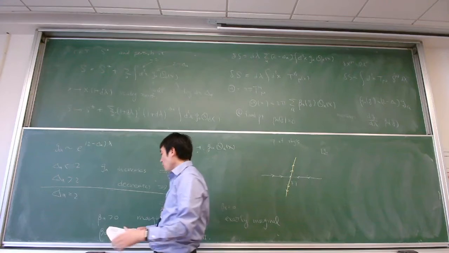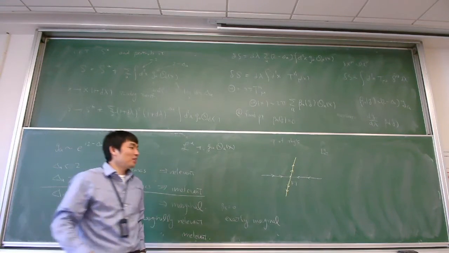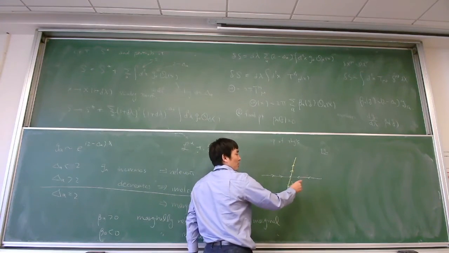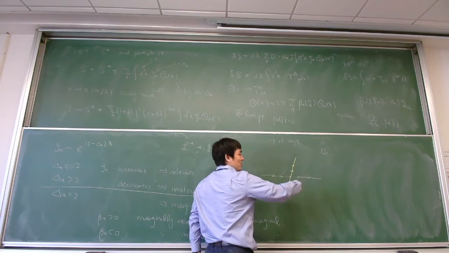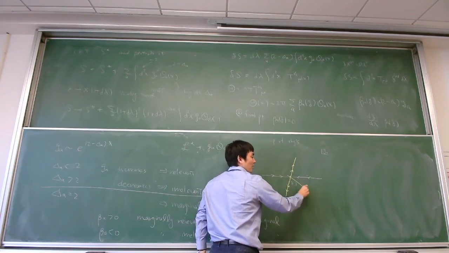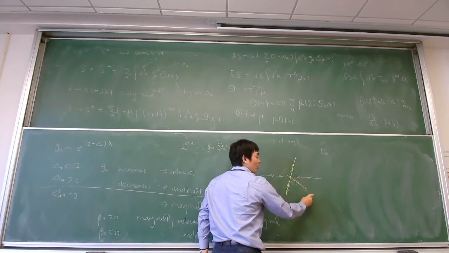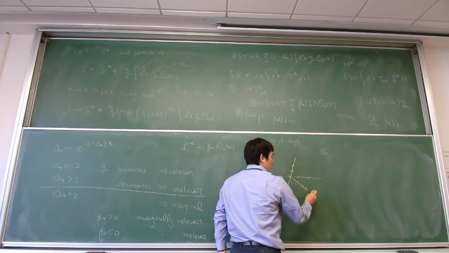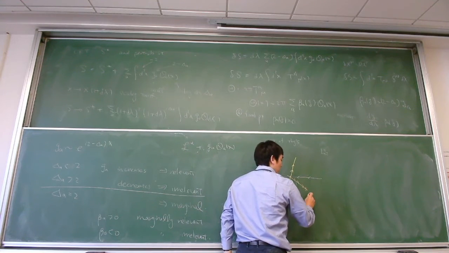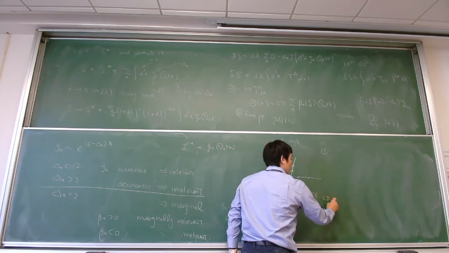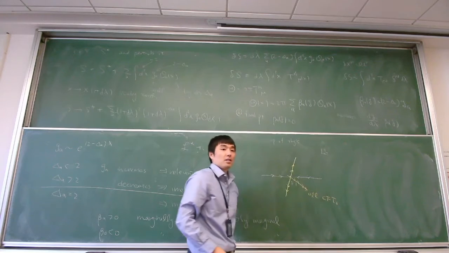How about exactly marginal? Exactly marginal means that there is some other direction. Let's consider 3 dimensions like this. These orange ones are all CFTs, different CFTs.